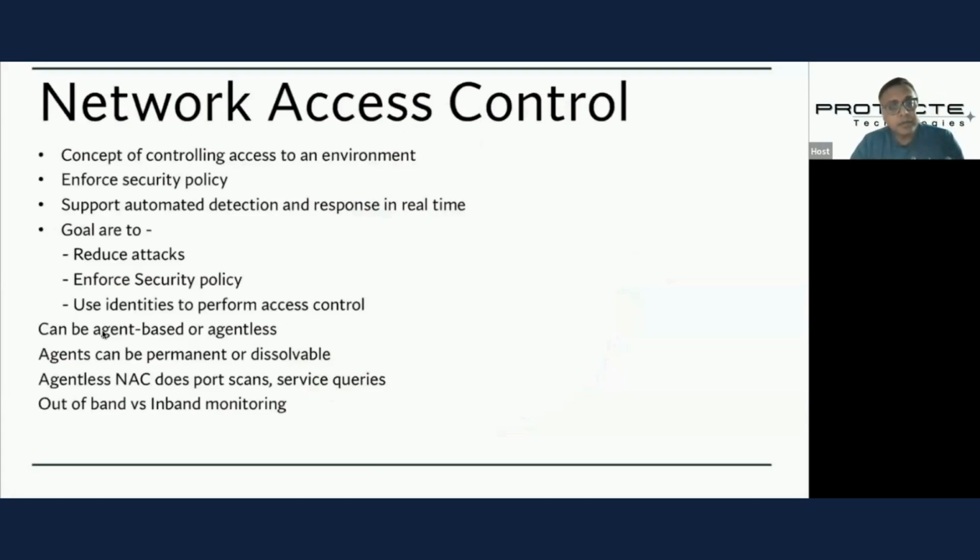Now, network access control is a very, very important way of securing your network. Network access control basically means: for all your network devices, who has access to those devices. You might have clients trying to access switches, switches trying to access routers, or clients trying to access your wireless hotspots, which are in turn trying to access the network.